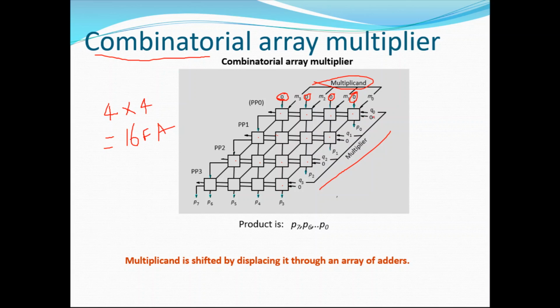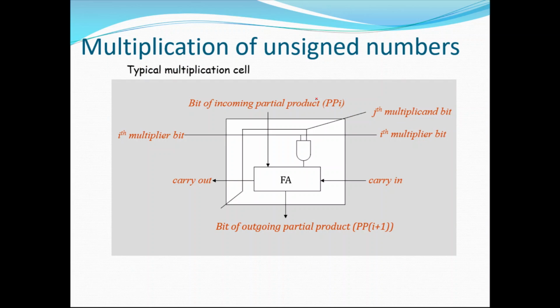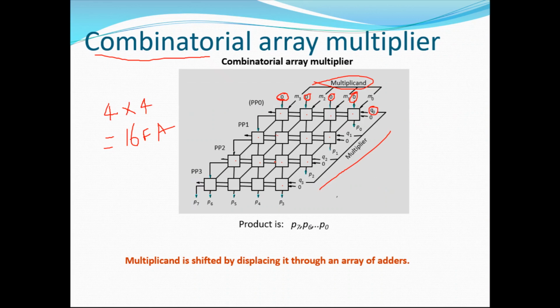The first time, it will do this only with the 0th bit of the multiplier. The input for a full adder is the partial product and the output from the AND gate.